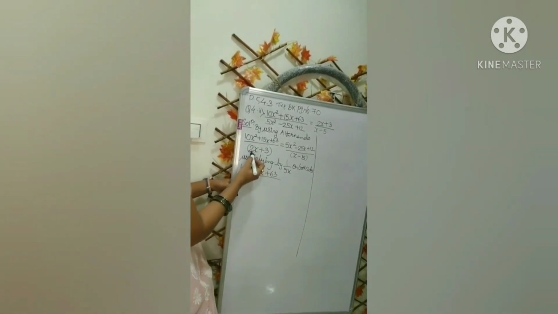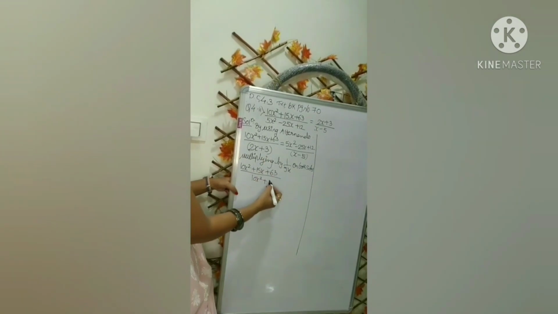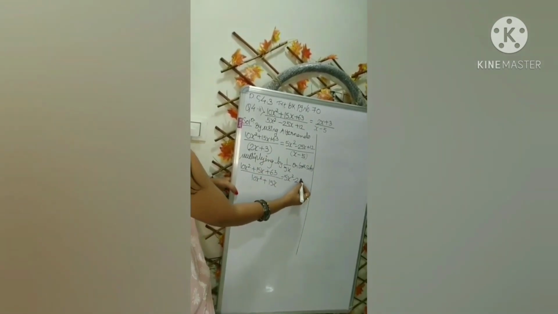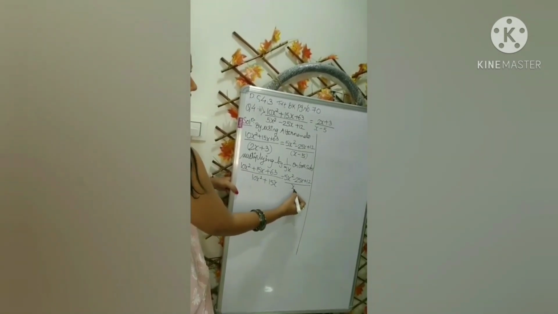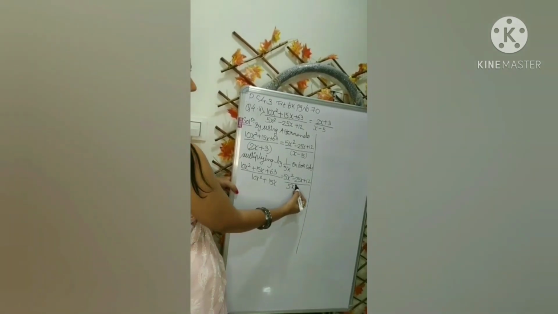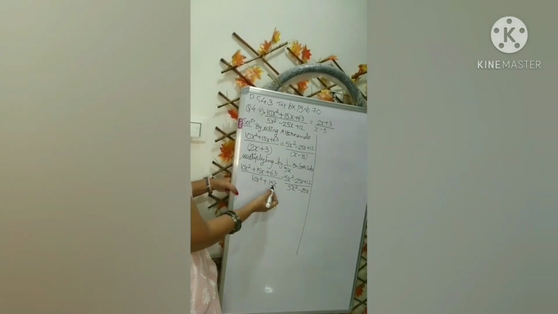When I multiply by 5x here, 5 2s are 10x square and 3 5s are 15x. Here also 5x square minus 25x plus 12 upon x, we multiply by 5x, then it will become 5x square minus 25x. So you can see we got the same terms here.